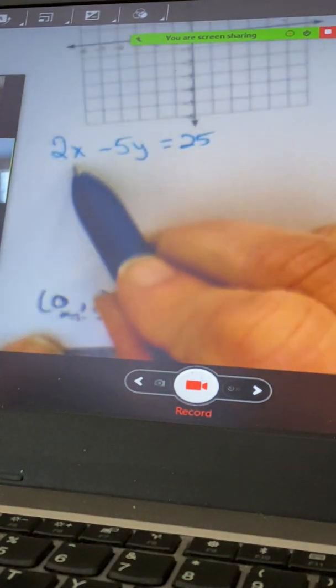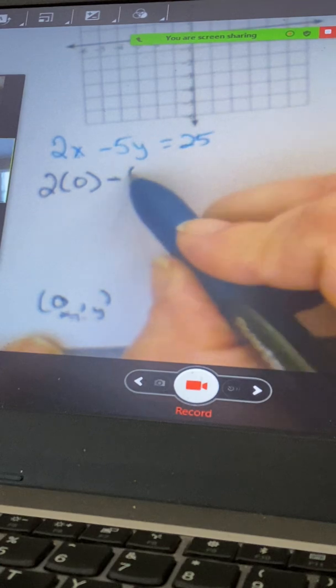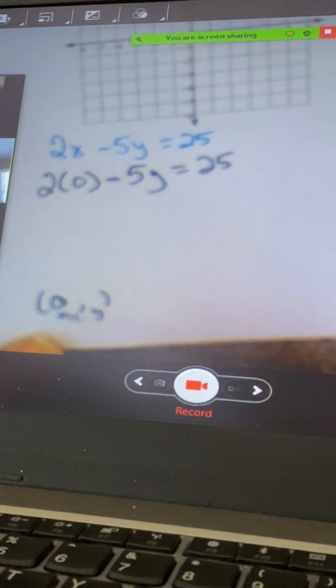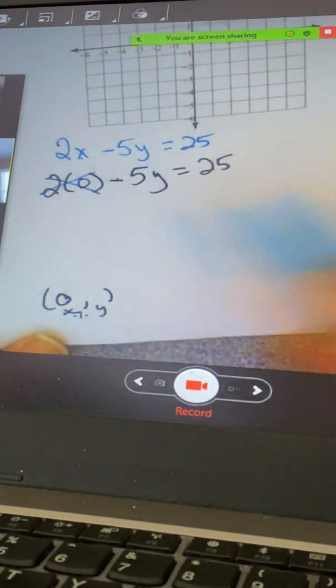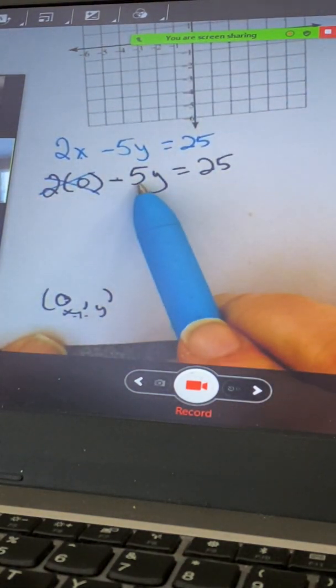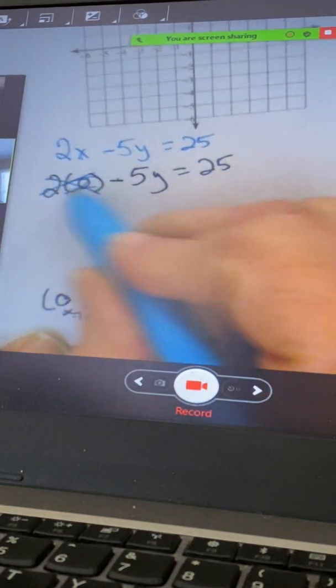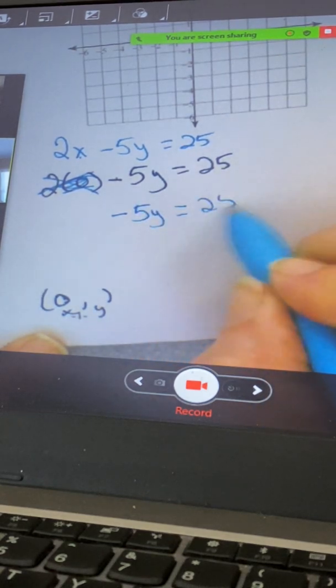Up here I'm going to plug in 0 for x. So it's 2 times 0 minus 5y equals 25. My 0 times 2 cancels out. What's left? See, that minus is with the 5. That means negative 5. So we rewrite everything that's left. That's negative 5y equals 25.